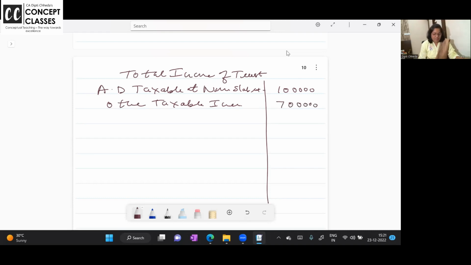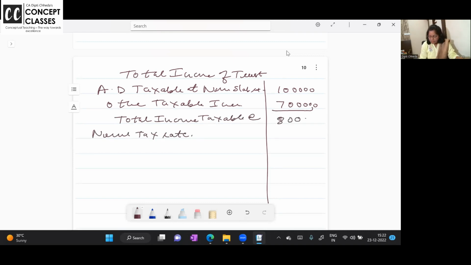So total, this is anonymous donations and other taxable income. So what is your total income taxable at normal tax rate? Normal tax rate for this trust is what? For a trust, what is your normal tax rate? Slab rates, routine.